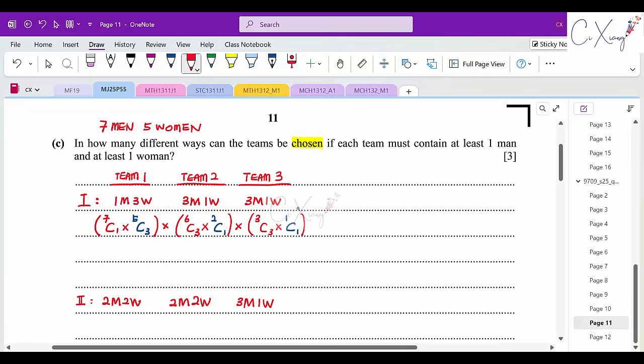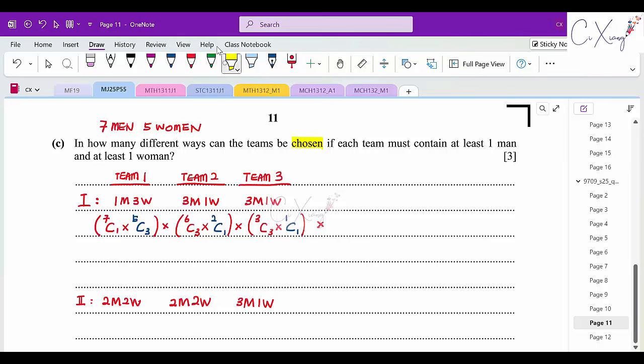That means for team number 1, you might go to town 1 or town 2 or town 3 for competition. Then this one also the same. You might go to town 1, town 2 or town 3. Same thing happens for this. Therefore, you need to consider the possibility of putting the teams into the different towns.